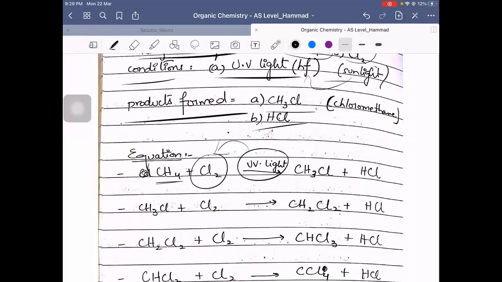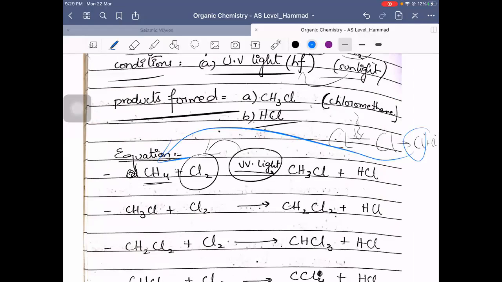They attack the CH4 molecule, thereby removing hydrogen.